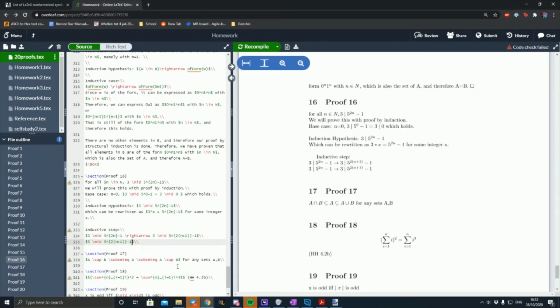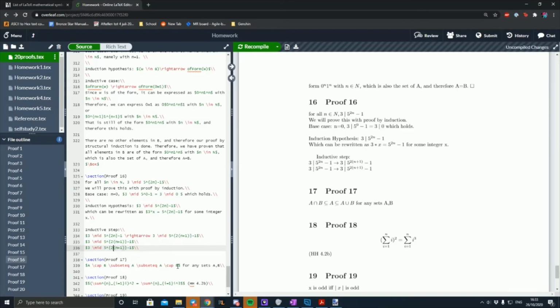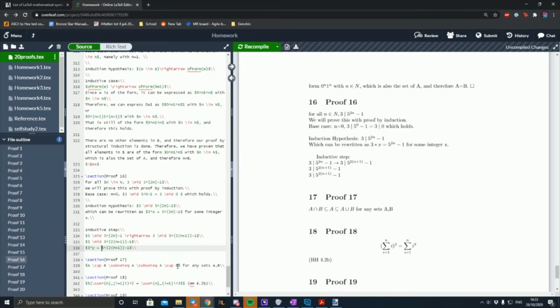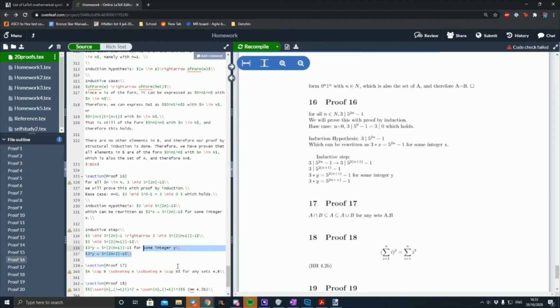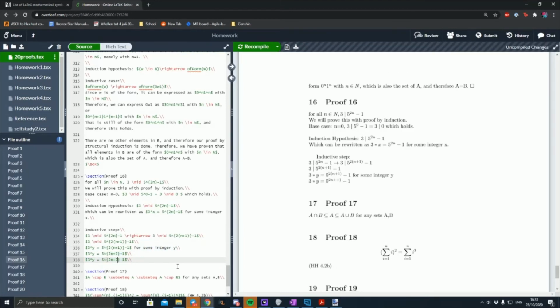Okay, so we have this, which is equal to saying that 3 times y is equal to that for some integer y. Then this is 2n plus 2 minus 1, and we can split off the 2n, saying this is times 25.